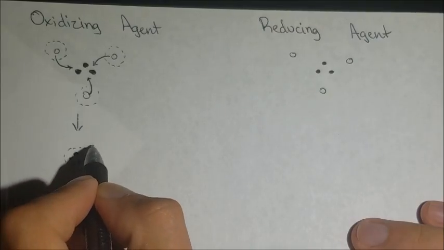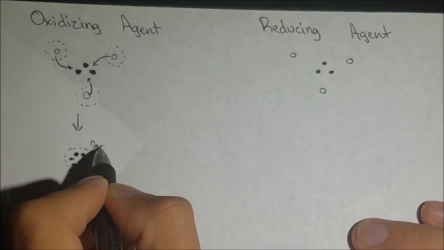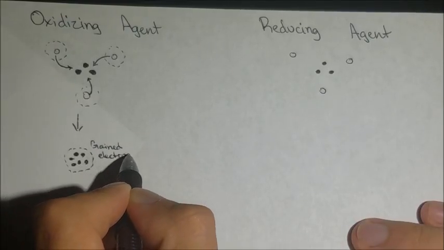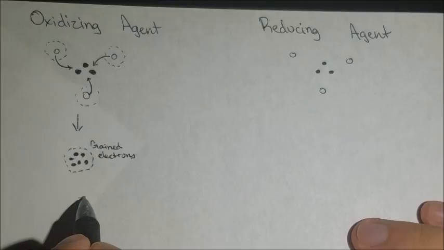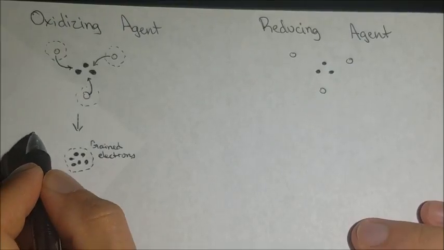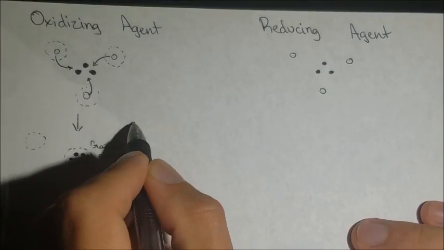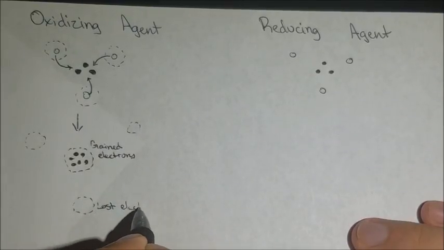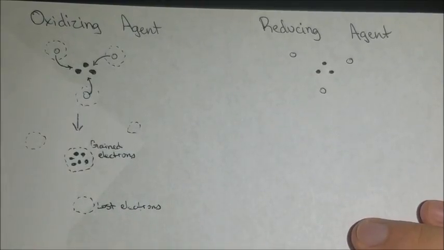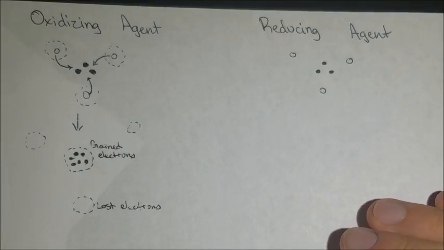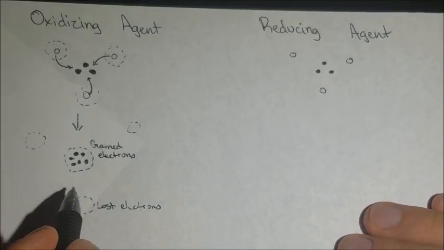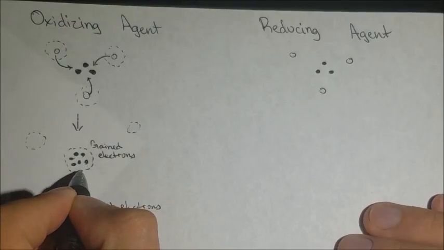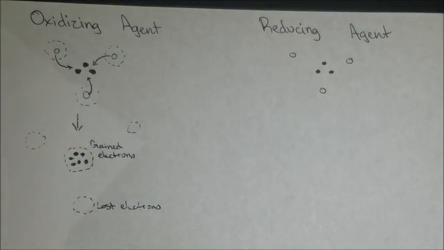So the oxidizing agent has gained electrons. And now all of these atoms that are around the oxidizing agent have lost electrons. Okay, so all I wanted to show here is that the oxidizing agent, which is this right here, gains electrons.